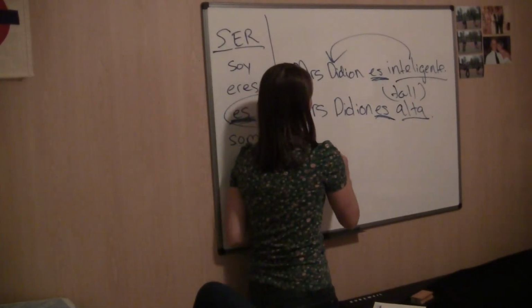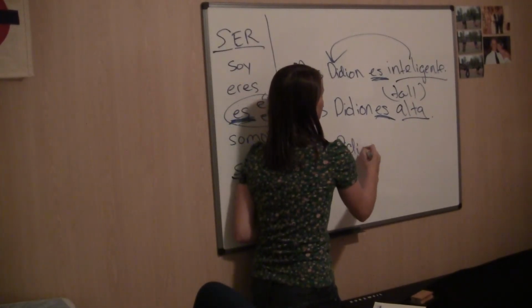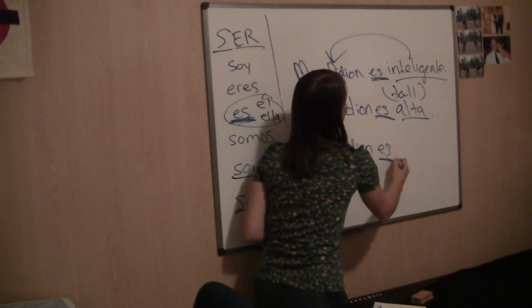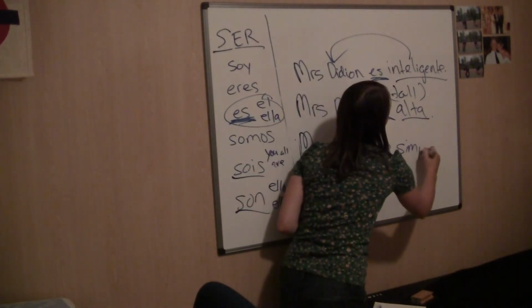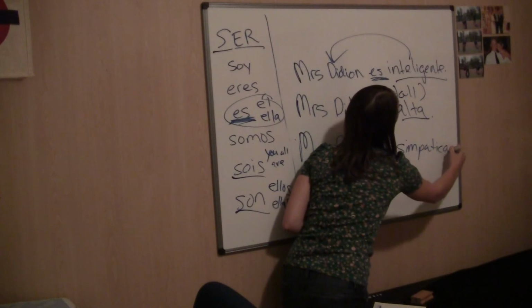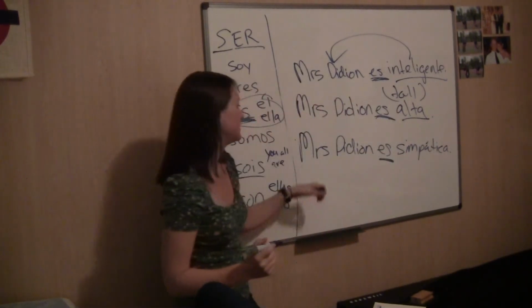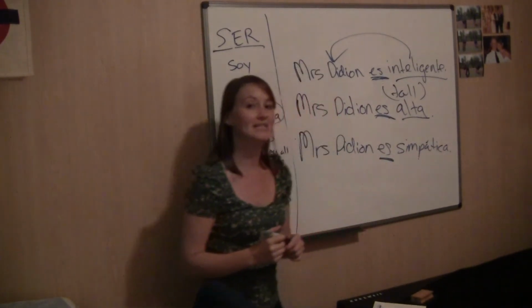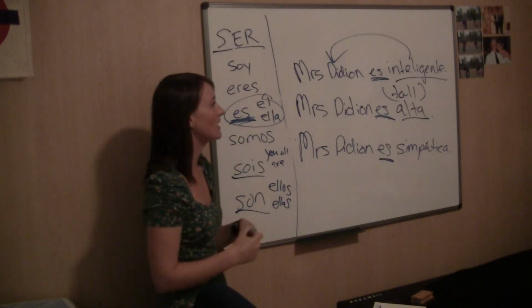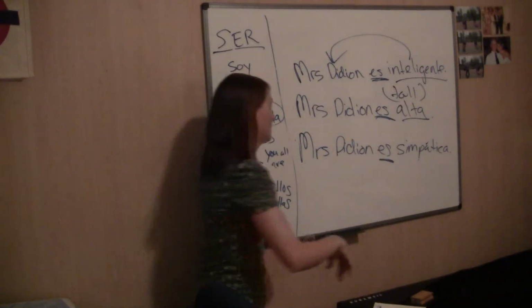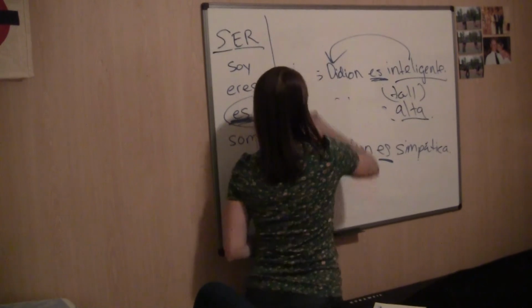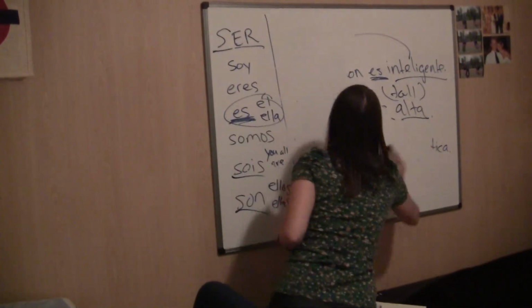Mrs. Didion es simpática. Mrs. Didion es simpática. Mrs. Didion is pleasant, is nice, right? So anytime we're talking about somebody's characteristic, something that describes them, we use the verb ser.